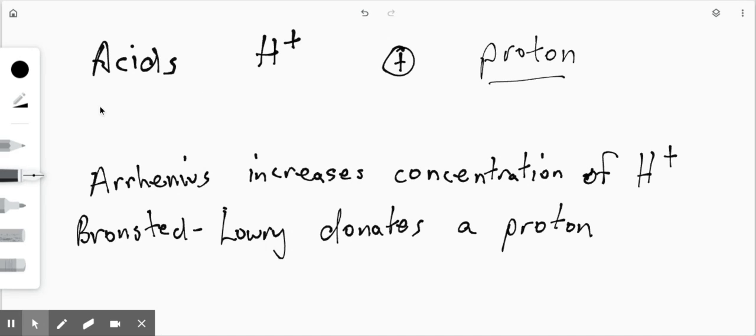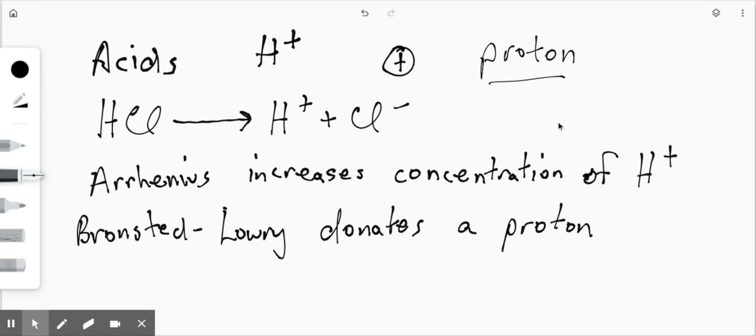So let's look at this one, HCl. First of all, what might make you think that this could be an acid? Correct. This H here. What is that going to look like when it hits solution? When it's put in water? Well, is this possible? Yes.